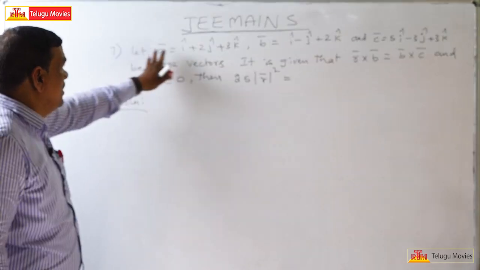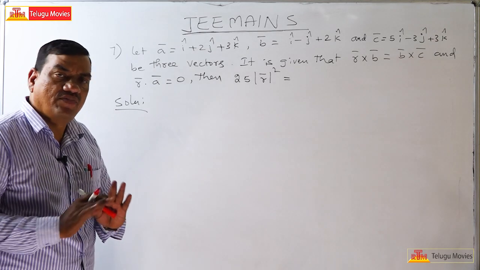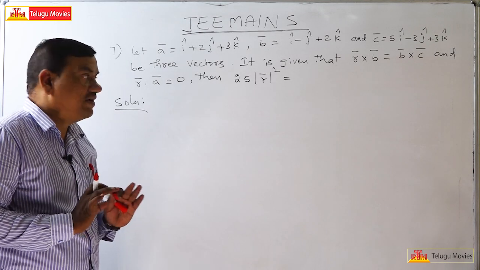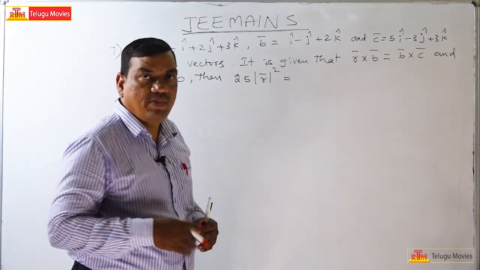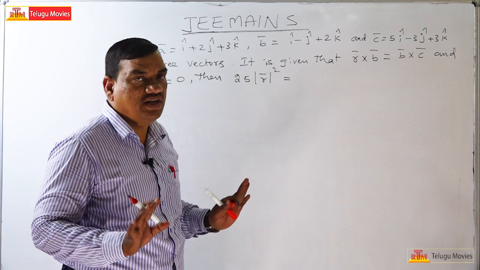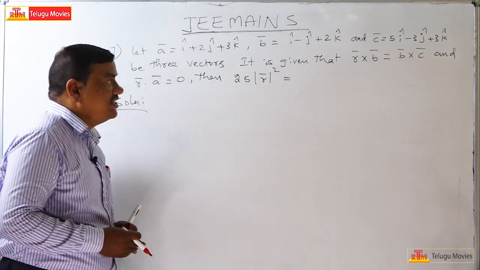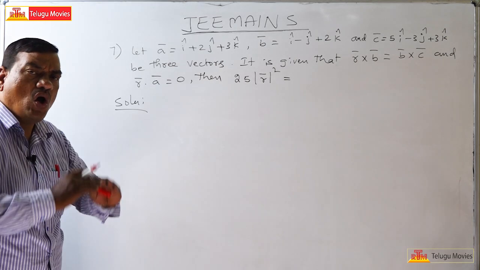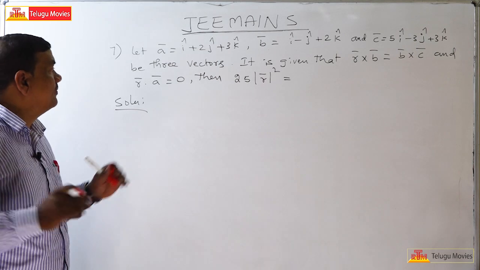See here, a bar is equal to i cap plus 2j cap plus 3k cap. A vector is very clear. B vector is also i cap minus j cap plus 2k cap. C vector is 5i cap minus 3j cap plus 3k cap. So all three vectors a bar, b bar, c bar are very, very clear.